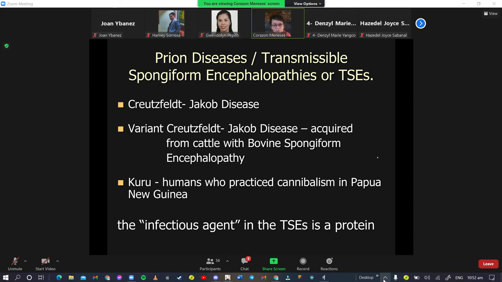The Kuru people of Papua New Guinea practiced cannibalism, and if you eat the flesh without cooking it properly, you will also suffer from spongiform encephalopathy. Okay.